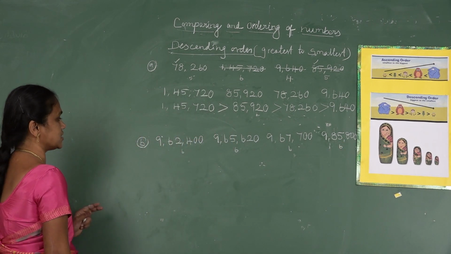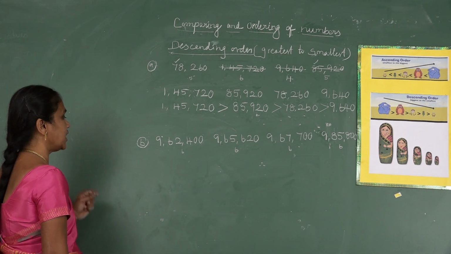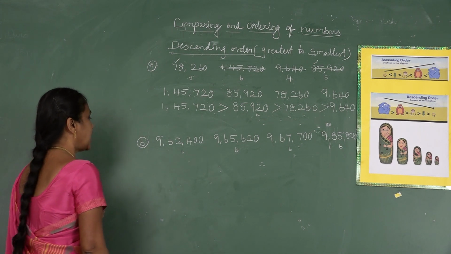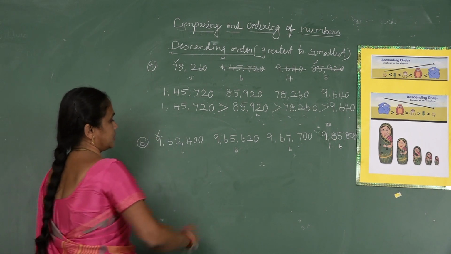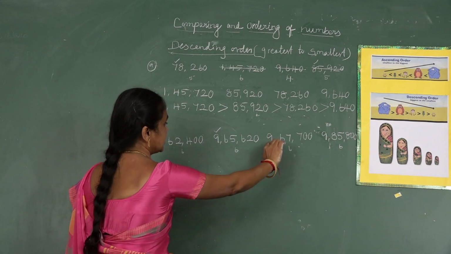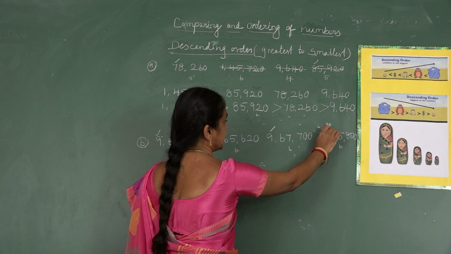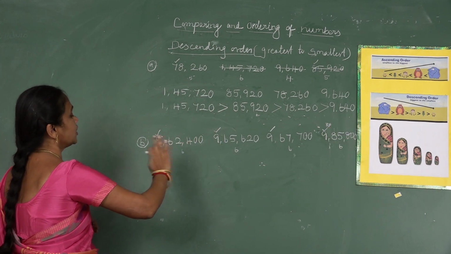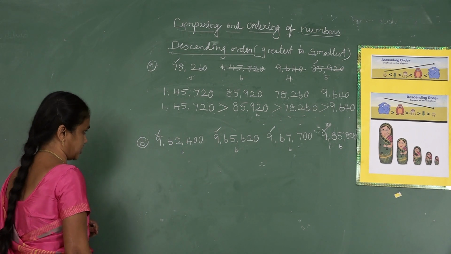The number of digits is equal in all the numbers, so we compare the leftmost digit, that is the lakhs digit. In the lakhs place, here 9. In this number 9 is in the lakhs place. In this number 9 is in the lakhs place. In this number 9 is in the lakhs place. The lakhs digits are also equal in all the numbers, so we compare the 10,000 digit.